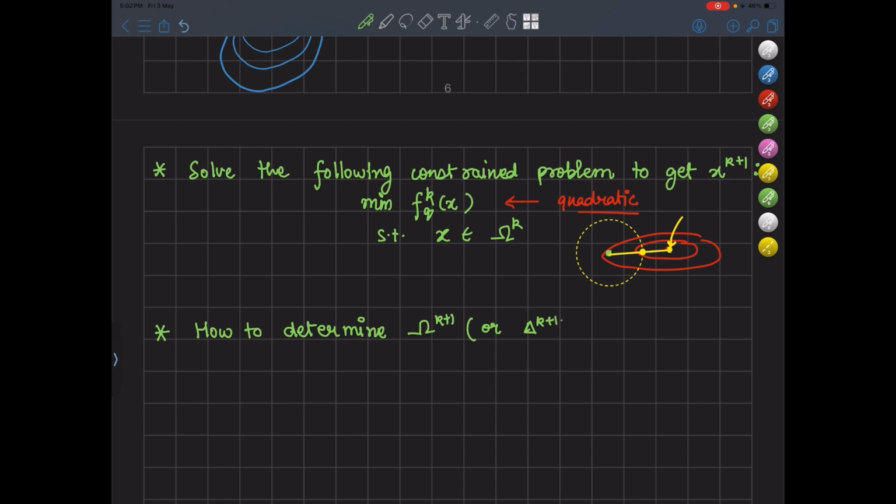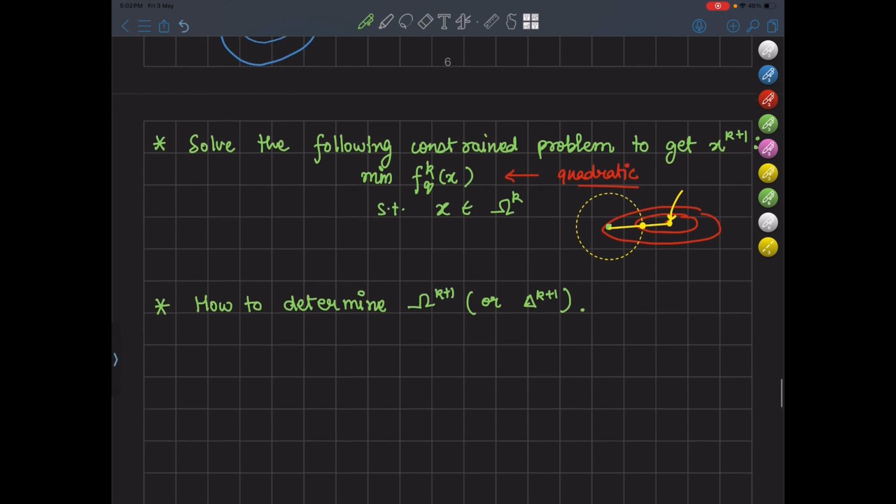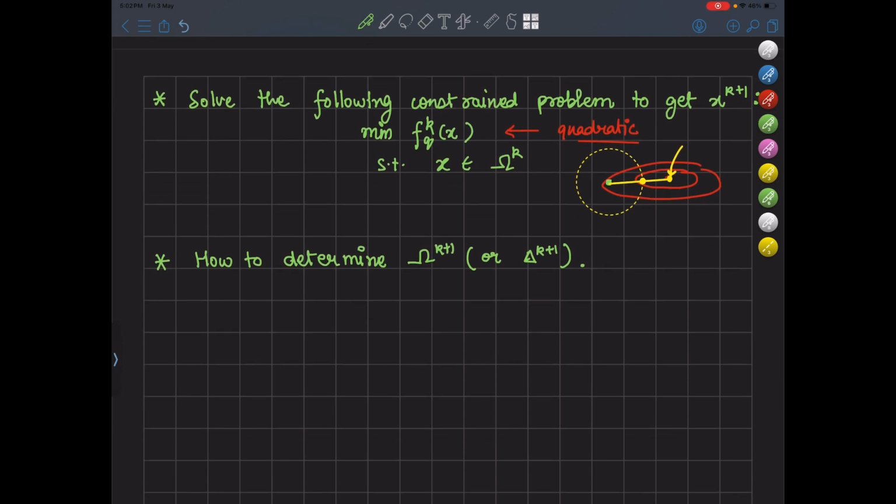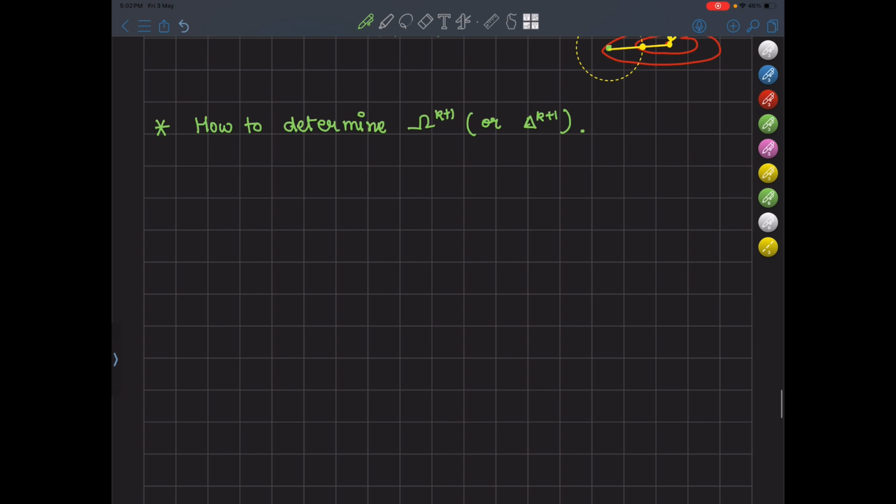If I have delta k plus 1, I know how to get omega k plus 1, but how do I calculate delta k plus 1? It turns out there is an algorithm to predict these two. So let's look at that algorithm.